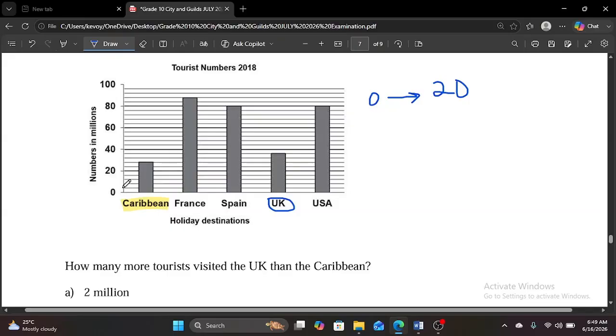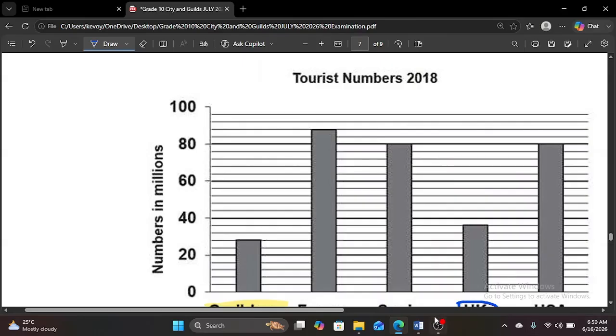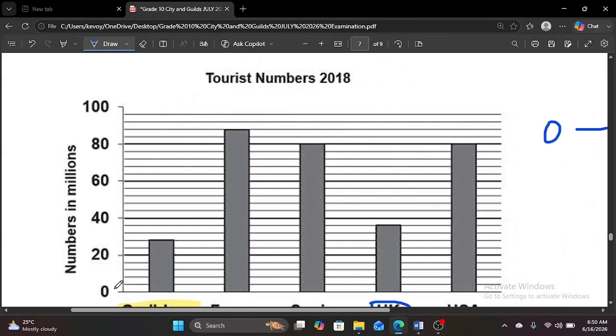So to get from 0 to this line right here, we move one time, then 2 times, 3 times, 4 times, and then 5 times. So I moved 5 times.